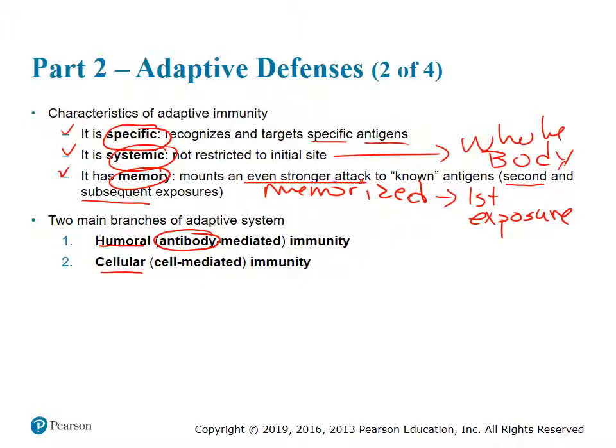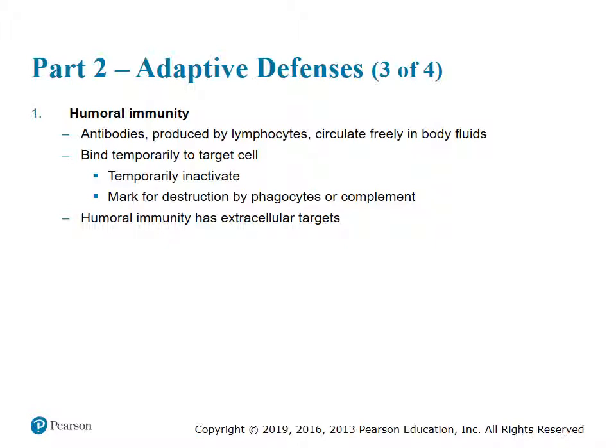And cellular basically means cells, and these cells participate in the attack of the foreign invader. So again, we talk about antibodies, and in the second, the cellular are the cells that participate in direct attack, and we'll see that some of that's indirect as well.